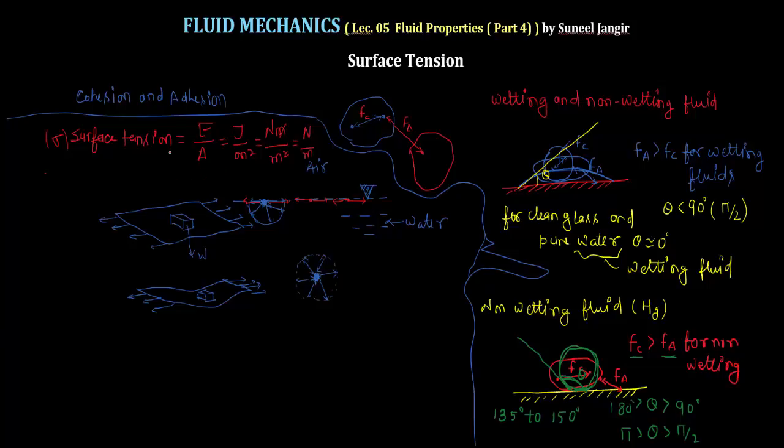Alright, and this force has a significant effect when the boundary dimensions are small. As the boundary dimensions go larger, the gravity force and the pressure force also become larger. Say if some container's surface is large, then the pressure force will be large, and if the mass is large, then the gravity force is also large.